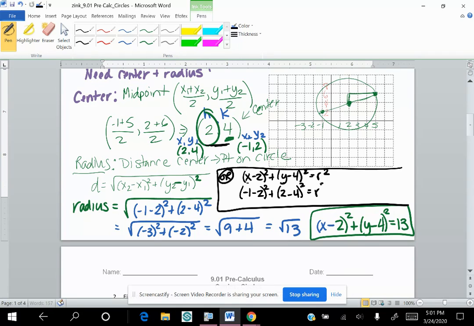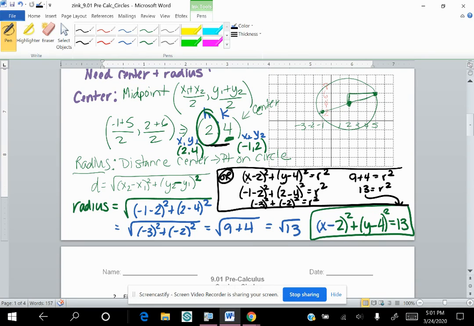This is really just the same thing as doing the distance formula. You'll see here we get (-3) squared, (-2) squared, 9 and 4 gives me 13. So I already have the r squared, which goes right into that equation.